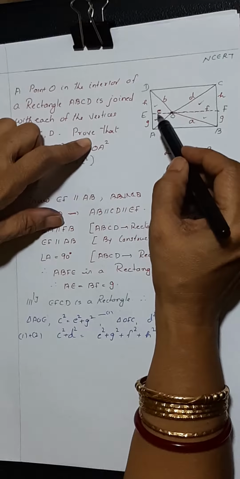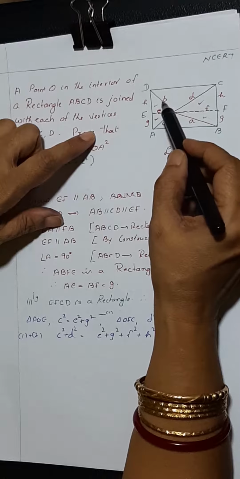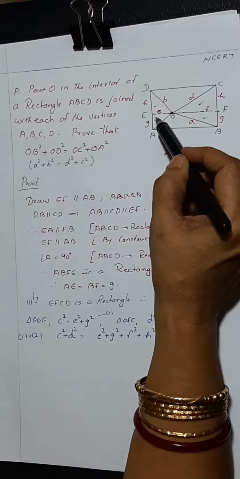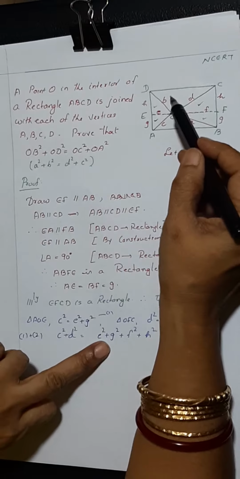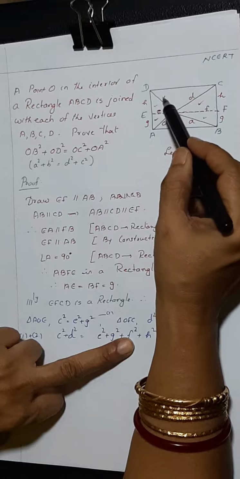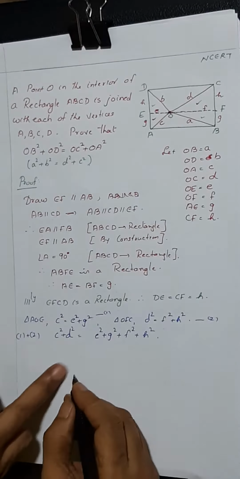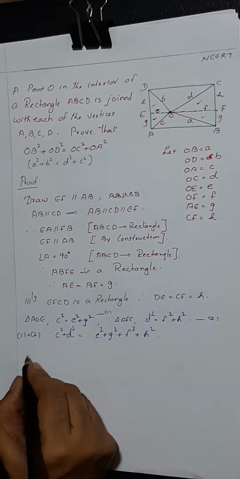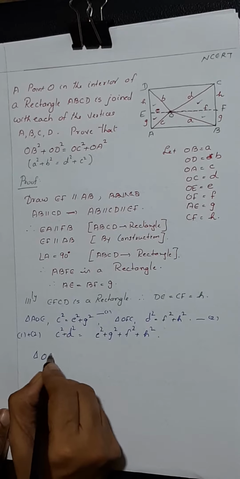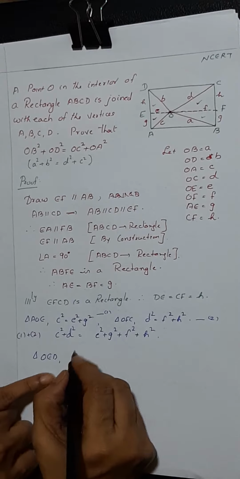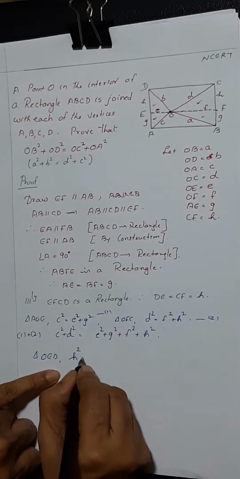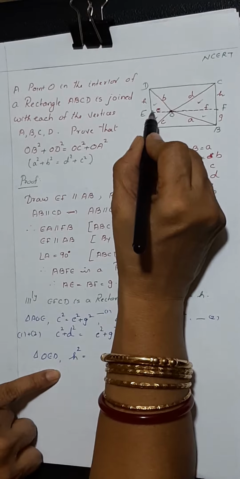Now coming to this, we can say H squared plus E squared is equal to B squared, or H squared is equal to B squared minus E squared. So we will write H squared in triangle OED, this is 90 degrees.